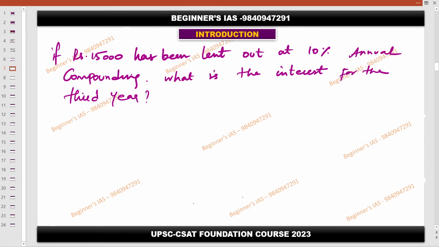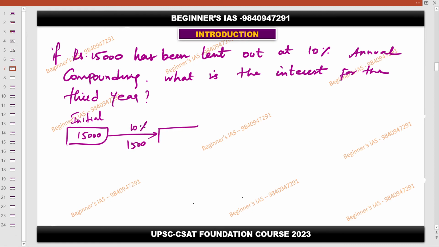If you are doing it now, I will wait, or else I will do. Listen, some logic here. 15,000. So this is initial, right? Has been lent out at the 10% annual compound. 10% means 1,500.